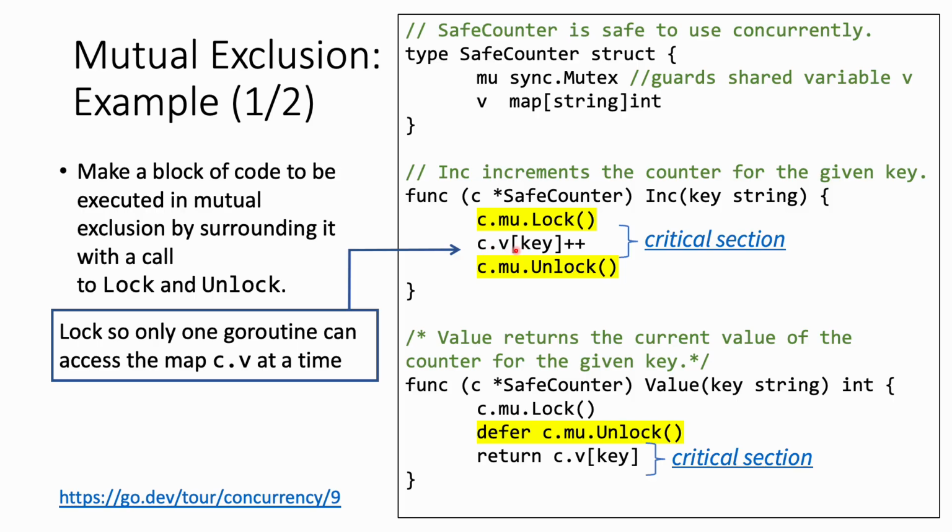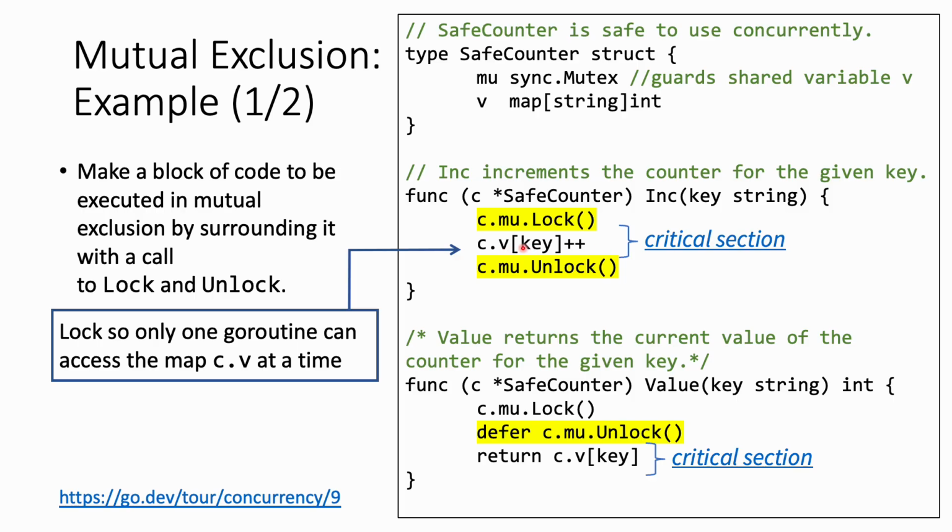So we place the increment code between a call to lock and a call to unlock on the mutex variable that guards variable v. The region of code between lock and unlock in which a Go routine is free to read and modify the shared variables is called a critical section.